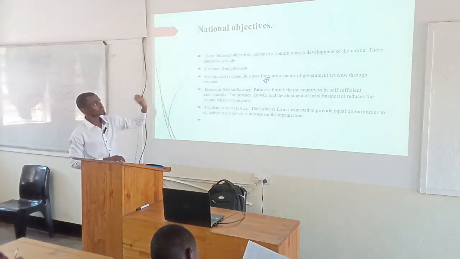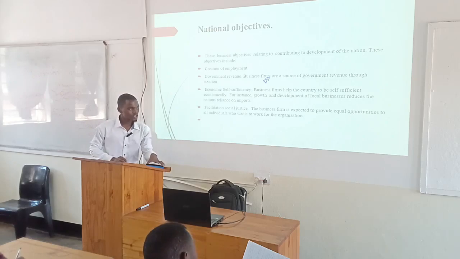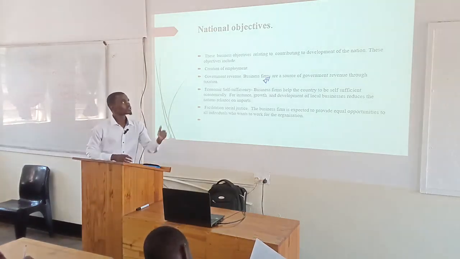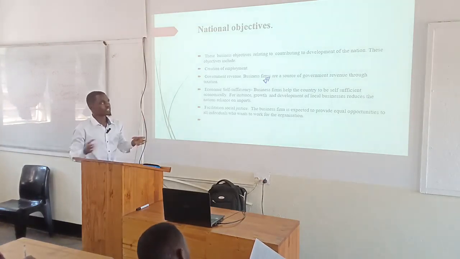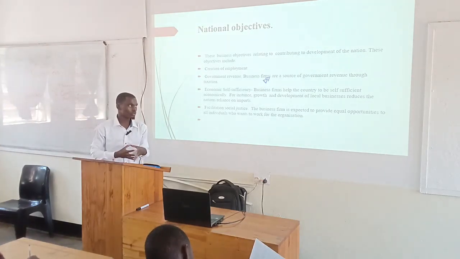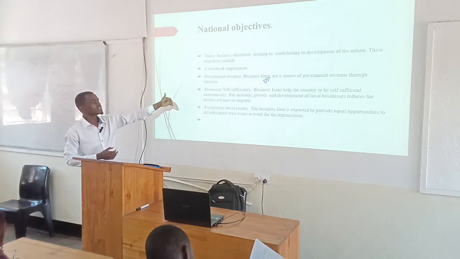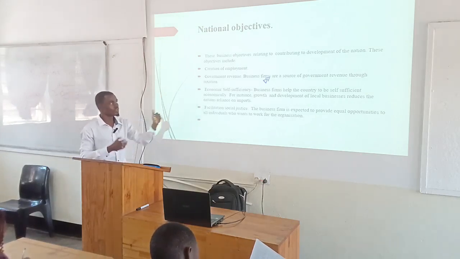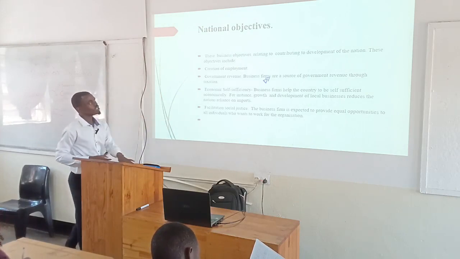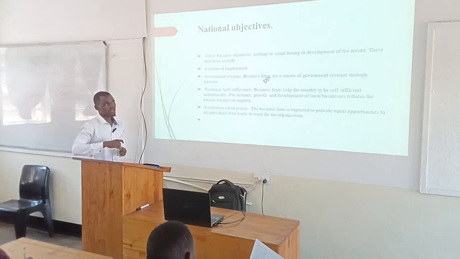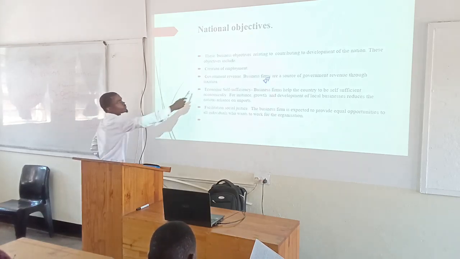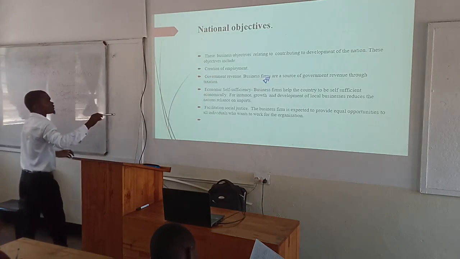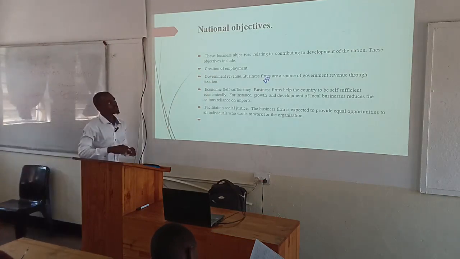The first one is job creation. The government wants more jobs to be created, so the government will foster the development of businesses within the economy. If an organization is established within this environment, it means it's contributing to the nation's objective of creating employment. So that becomes one of the objectives of an organization.